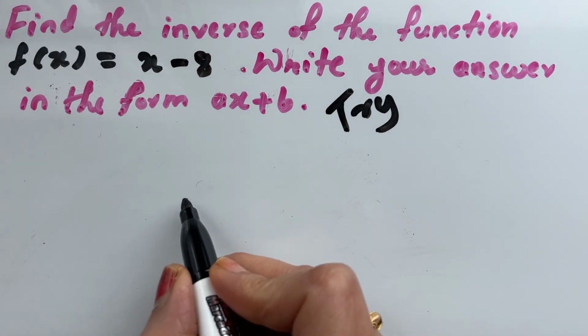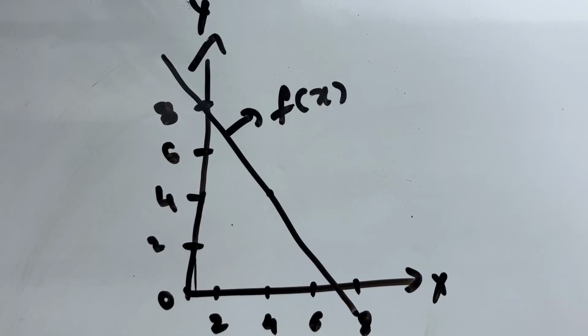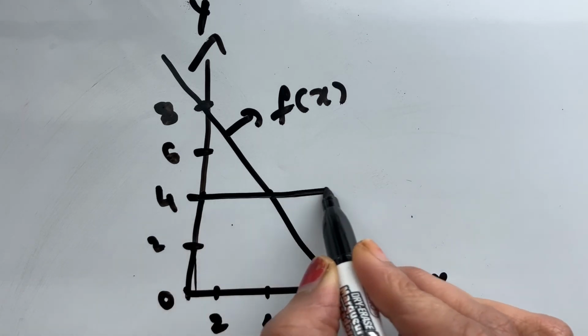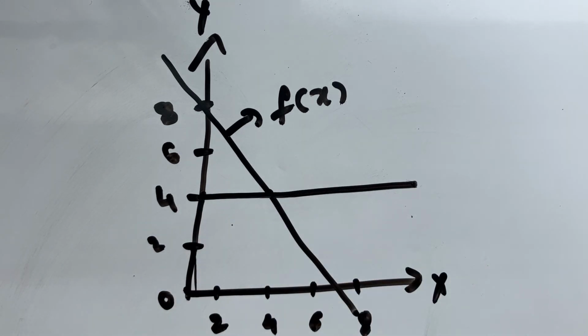Next, my question is, suppose you are given a graph and asked to find whether this function has an inverse or not, how do you find? First you have to take a horizontal line. Take any horizontal line.